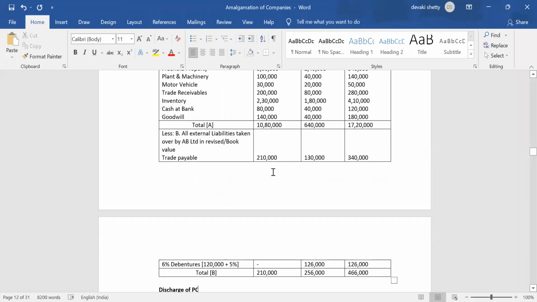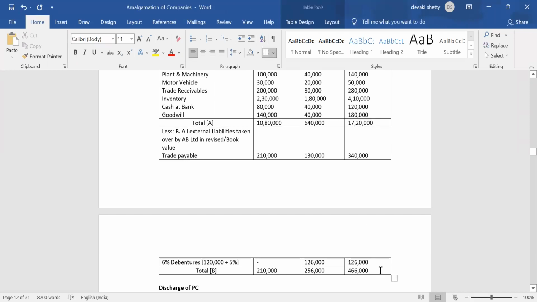Now we want the final purchase consideration. You can say A minus B. 10,80,000 minus 2,10,000.